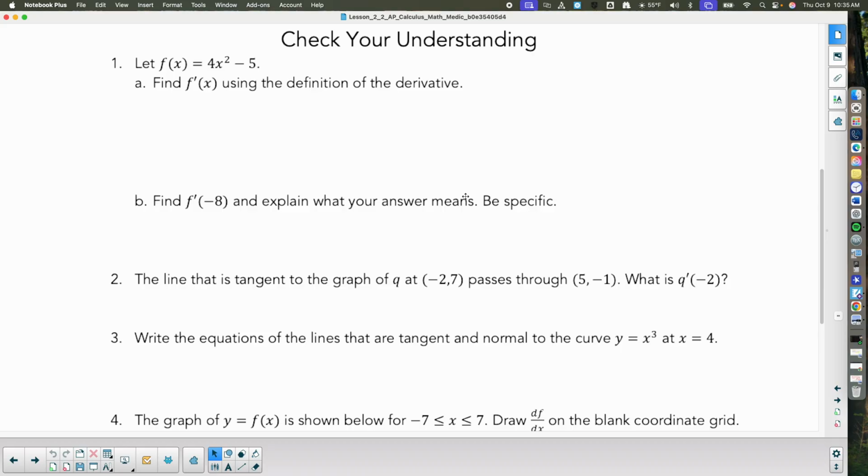I kind of want your opinion on this. I know what these are made for. These are kind of made for you to try them on your own in class and for us to go over the answers quickly before we're done with class. And this should prepare you for the homework, but I don't know. Do you want to try these individually, and then we can go over the answers at the end?